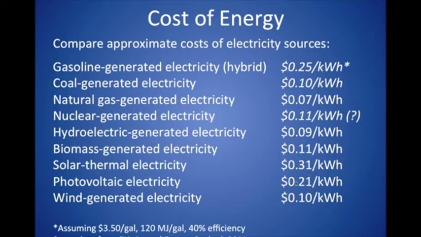Solar panels, down around 20 cents per kilowatt hour. And wind generation is around 10 cents per kilowatt hour. So notice wind is competitive with things like coal and natural gas, pretty comparable price. Solar is more expensive, but the price does keep dropping, so that's getting cheaper.